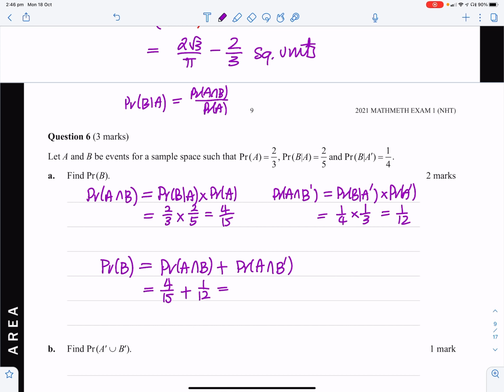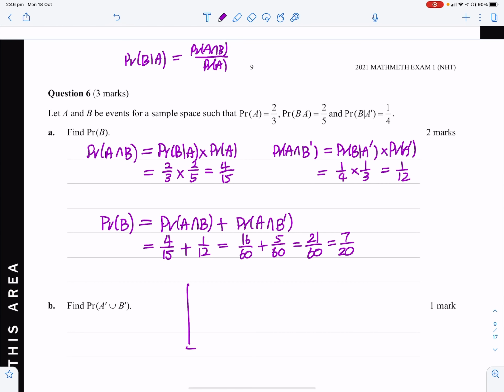They both go into 60. 16 over 60 plus 5 over 60 is 21 over 60. They're both divisible by 3. 7 over 20.